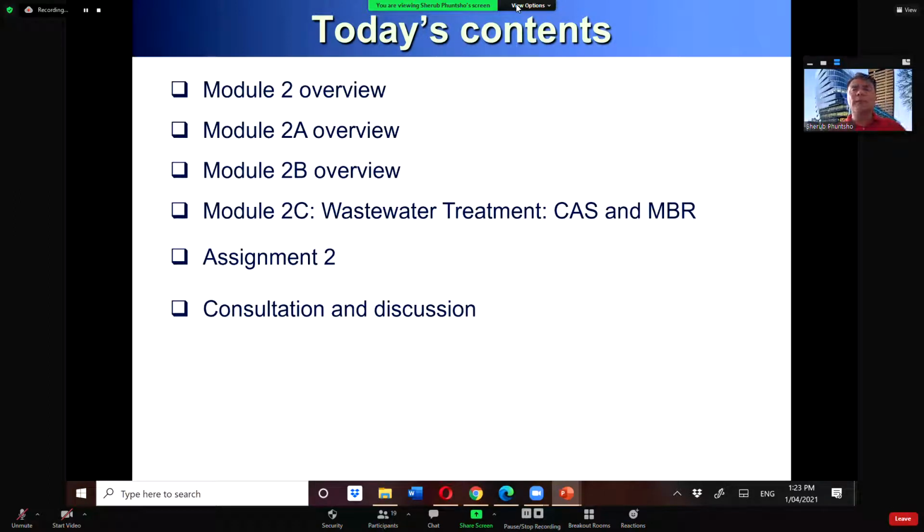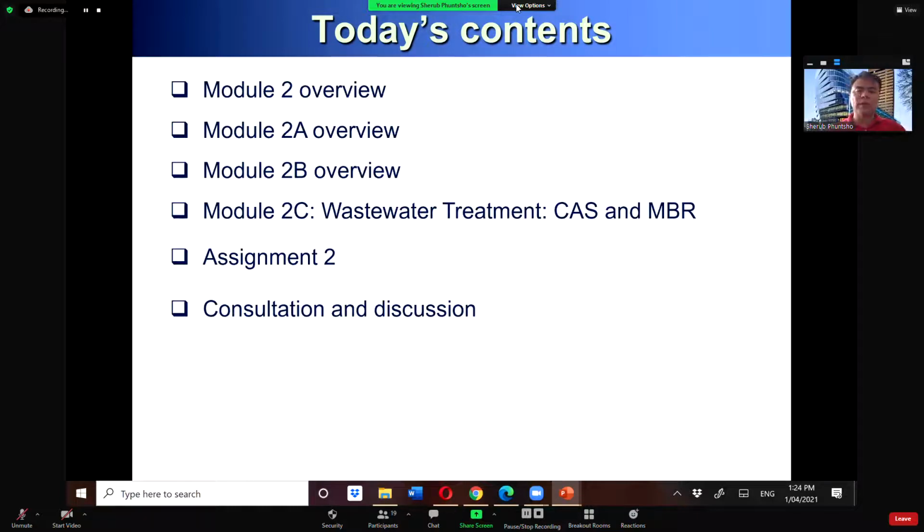I think some of them you already learned during your undergrads, so this is just a kind of revision, a reflection to remember whatever you have learned earlier. 2A is mostly that, and 2B is a little bit on membranes. The assignment is basically about wastewater treatment.